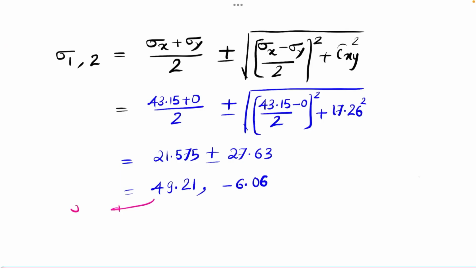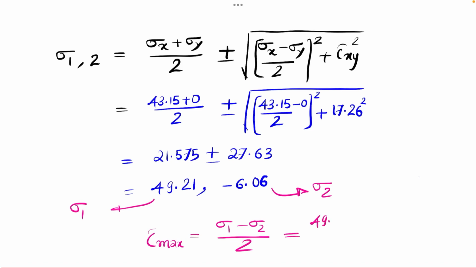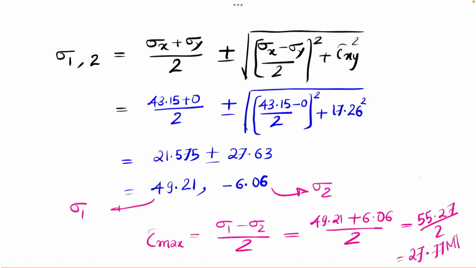So here we have obtained the maximum principal stress sigma 1, and this is the minimum principal stress sigma 2, and the maximum shear stress at this point is sigma 1 minus sigma 2 divided by 2, which is 49.21 minus minus 6.06 divided by 2. The value will be 55.27 divided by 2, around 27.77 megapascal.